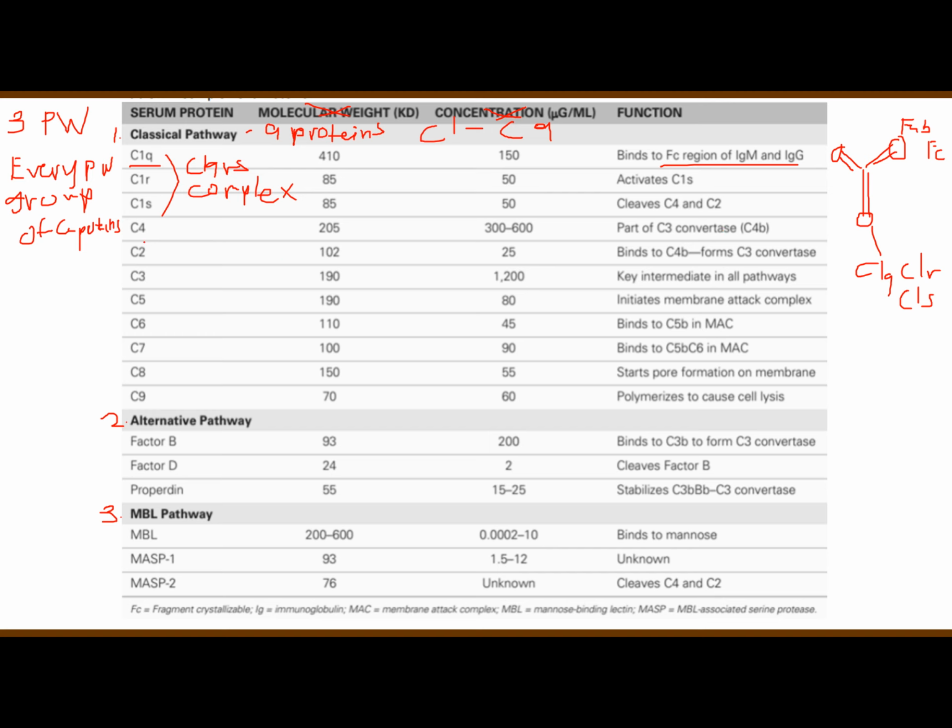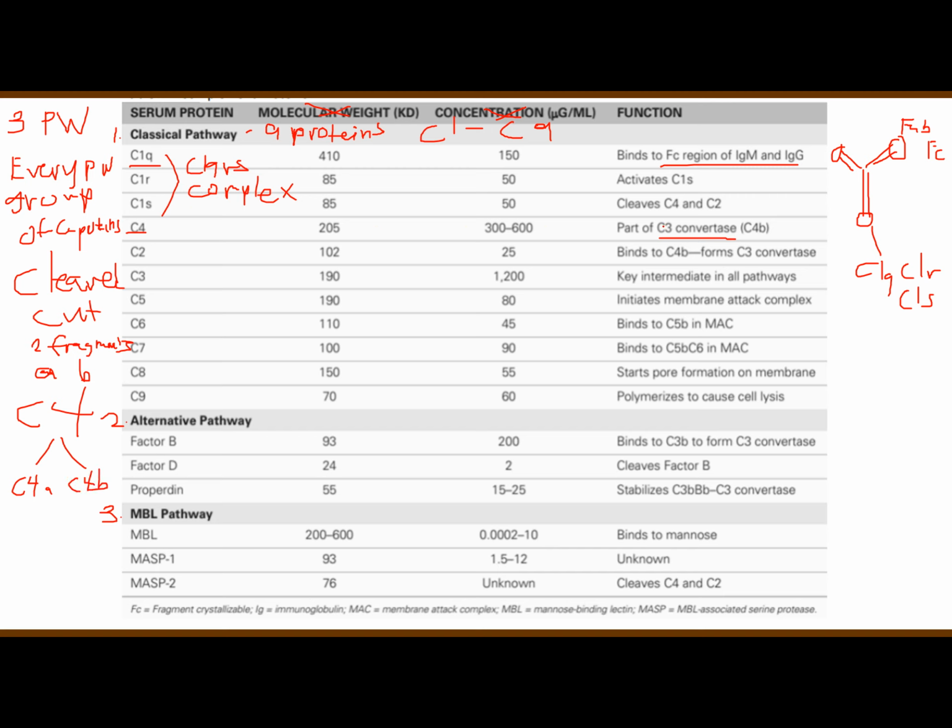Now, your C4 here, class, please take note, is a part of your C3 convertase, specifically the C4b. Now, each complement protein, class, please take note of this, can be cleaved or cut into two fragments. And they are characterized by the letters A and B. For example, class, if you cleave or cut C4, it would form C4a and C4b.